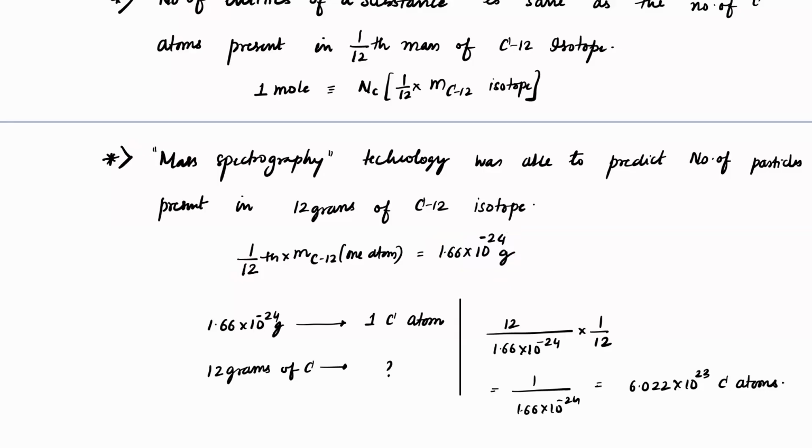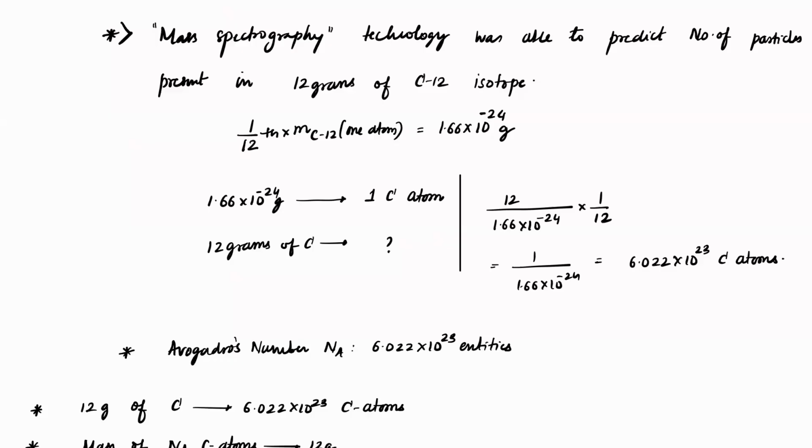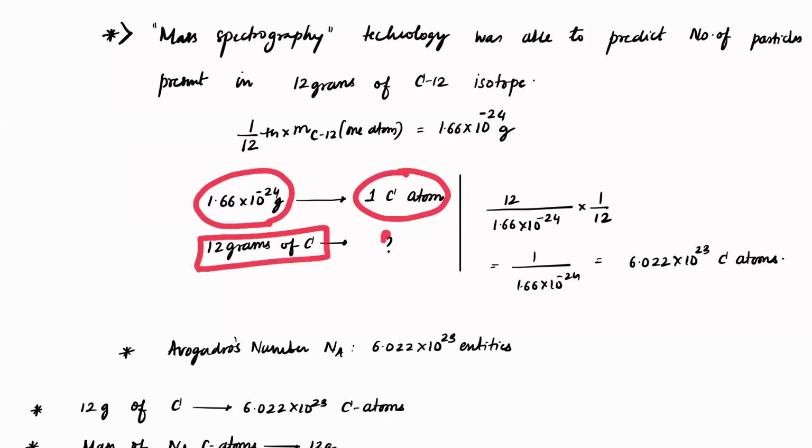Now, if this much is the mass for one carbon atom, then 12 grams of carbon would contain how many carbon atoms in it?